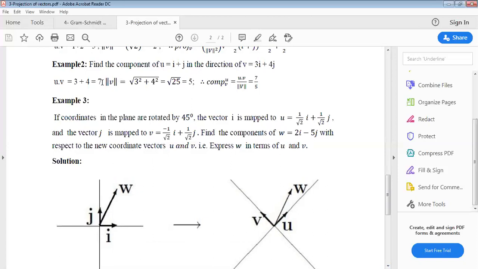So u dot v is equal to 7. The magnitude of v is the square root of 3 square plus 4 square, that is root 25, which equals 5. So the component of u on v is u dot v by magnitude of v, that is equal to 7 by 5.